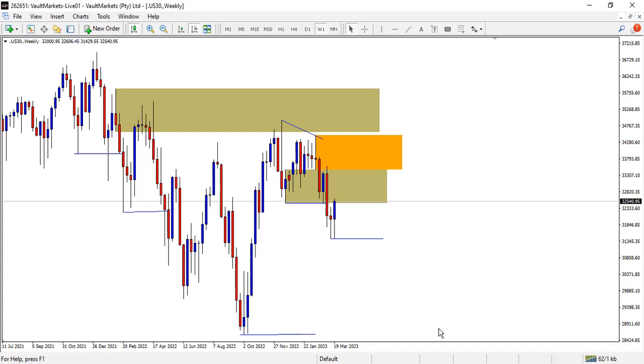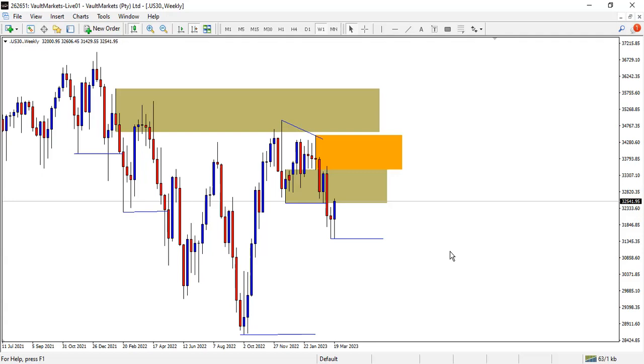This bullish candle, the current price action, as you can see, this is a live market. Now, should it close above this bearish candle, it will confirm that bullish pullback, all right?